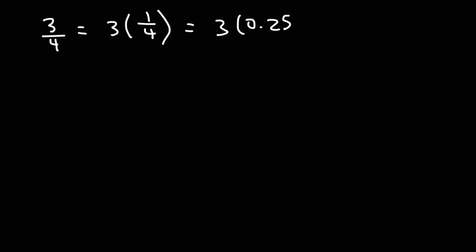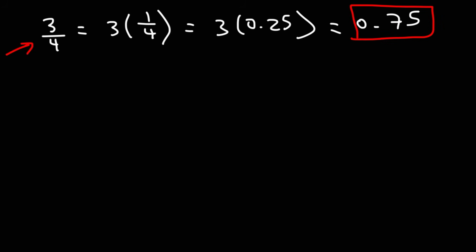So for instance, let's say if we want to find the value of 3 over 4. 3 over 4 is 3 times 1/4. And we know 1 over 4 is 0.25. So 3 times 0.25 is 0.75. So that's a quick and simple way to convert this into a decimal if you want to avoid long division.